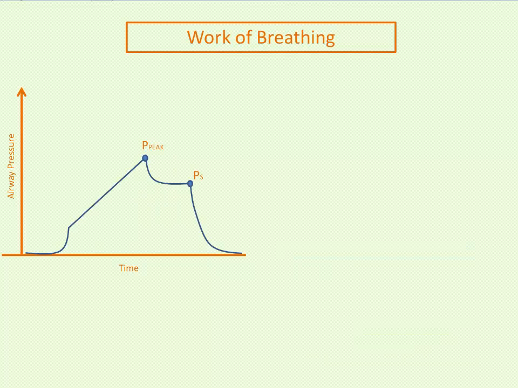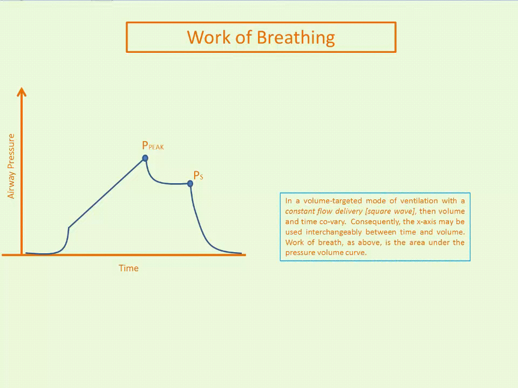So from that pressure waveform, we can also have a very brief discussion on work of breathing on the mechanical ventilator. We talked about work of breathing in the spontaneously breathing patient in part C of this chapter. But you can also derive this information from critically analyzing the pressure time waveform in a volume-targeted mode of ventilation with a constant flow.